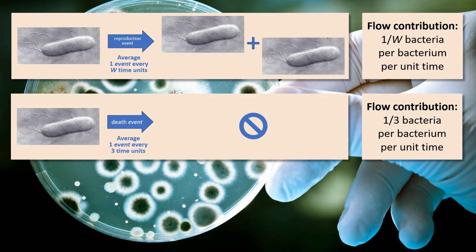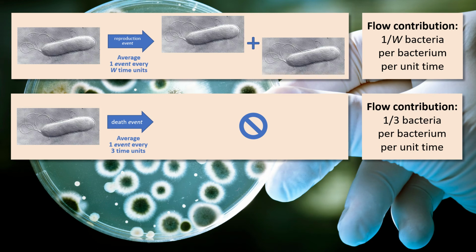The death is identical to that. We don't go down to the third time unit in the simulation and then start changing the formula there. That's not what we want to do. We want the same formula on every row of that spreadsheet, from the first row all the way to the last row. And so we have to say, at the first row, what's going on? Well, every bacterium, we're saying on average, goes through a death event every 3 time units.